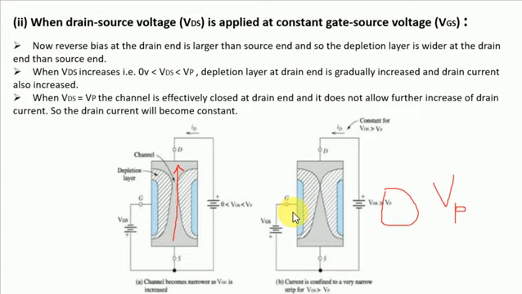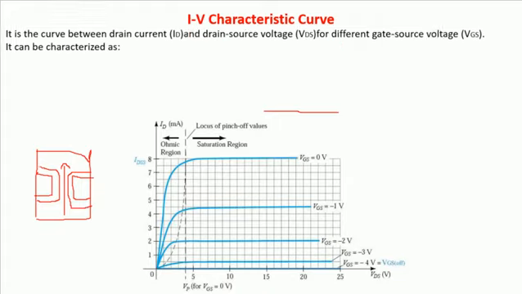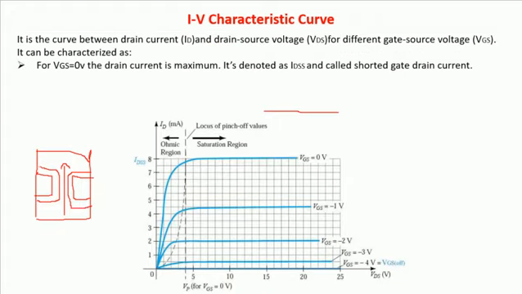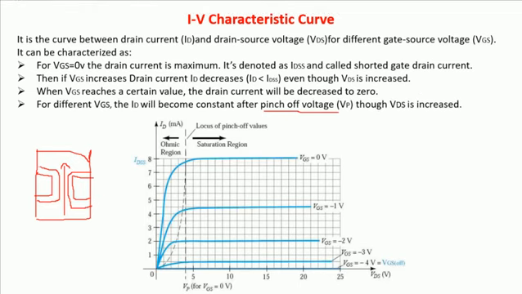So this is a clear idea about the pinch off voltage and IV characteristics. The IV characteristics are mainly classified into three regions: the ohmic region, the saturation region, and the cutoff region.